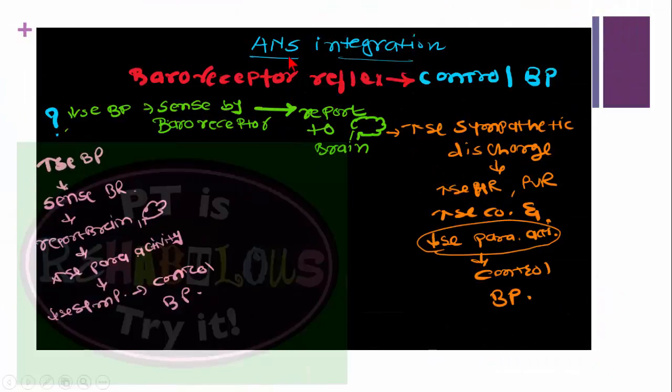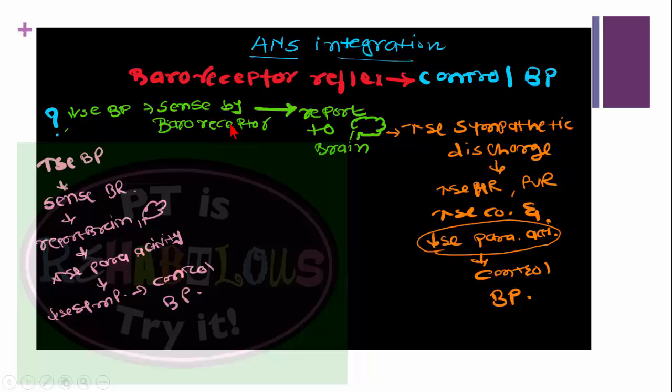Now we are going to see autonomic nervous system integration. For example, let's take the baroreceptor reflex, which controls your blood pressure. Say your blood pressure is decreased; that is sensed by the baroreceptor reflex.